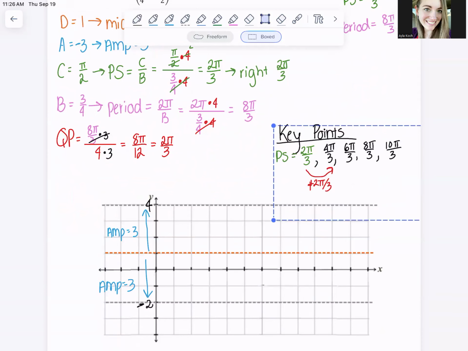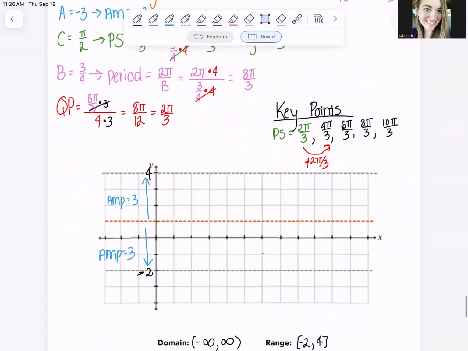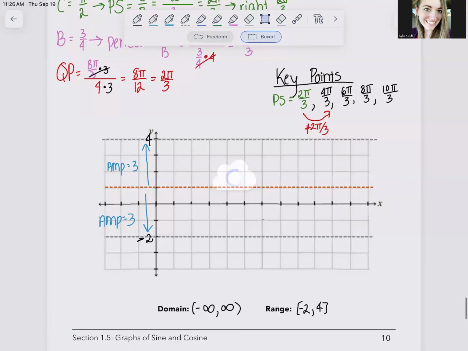We just need to label these points and we can do it. I'm going to call each one of these tick marks a pi over 3. So this would be 2 pi over 3, our first one.